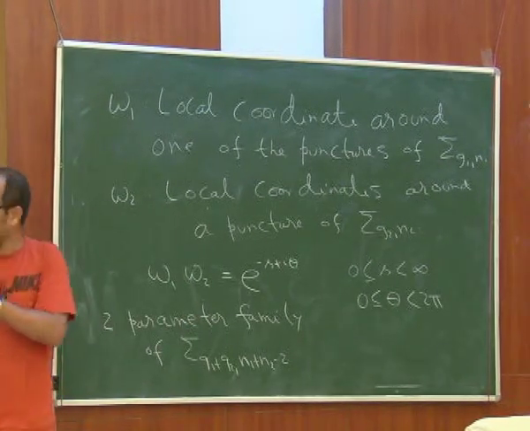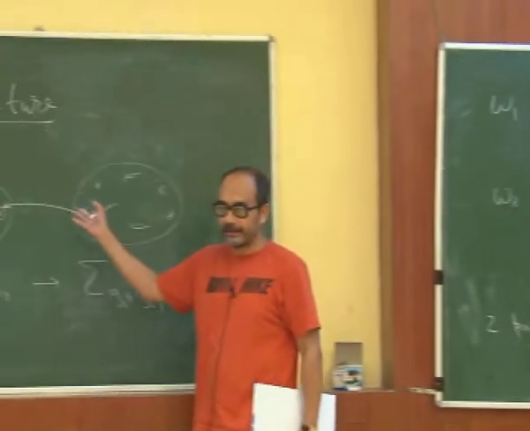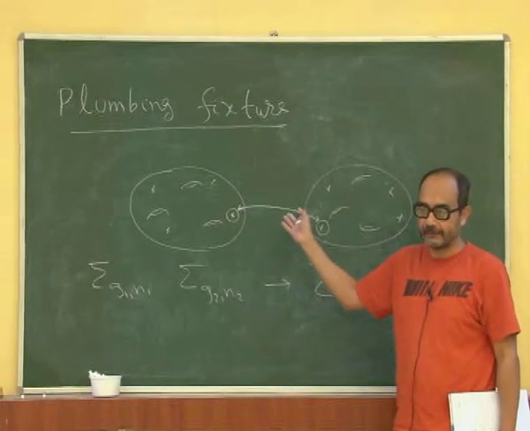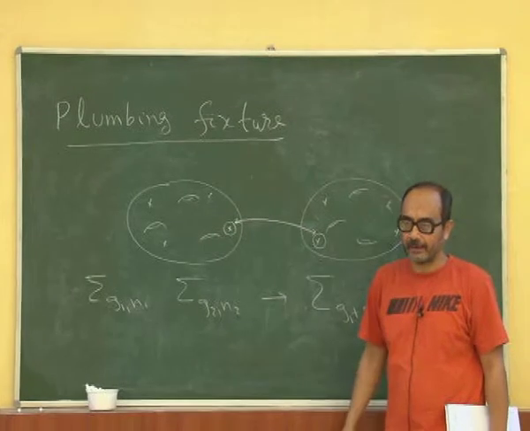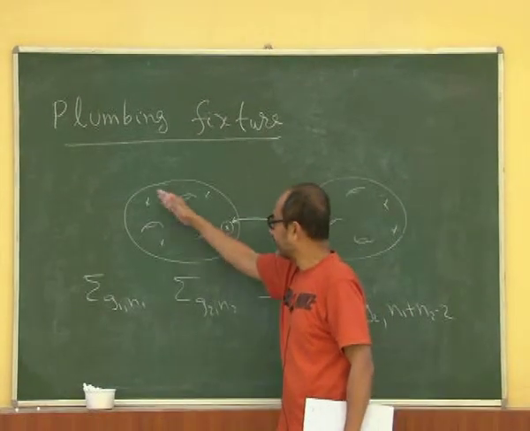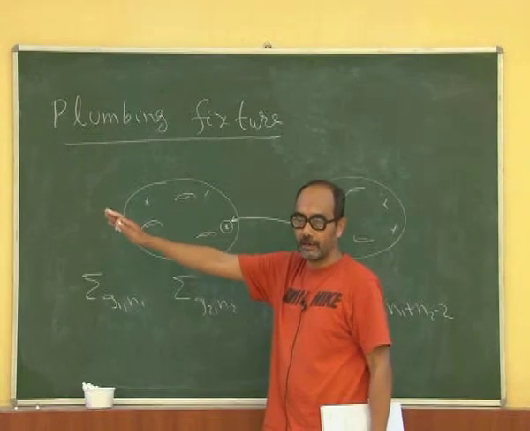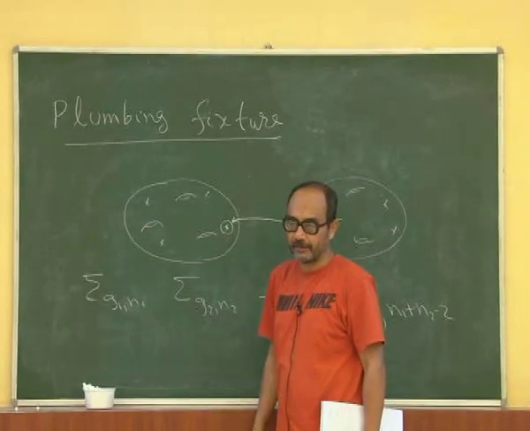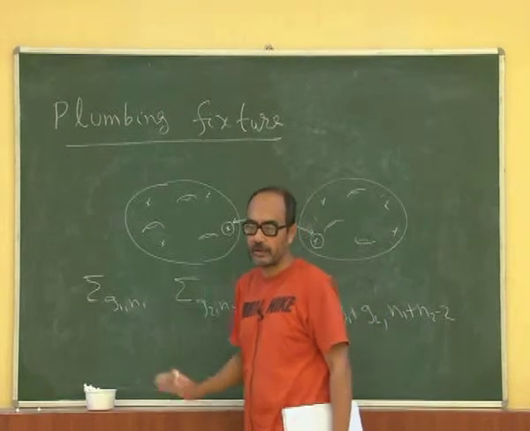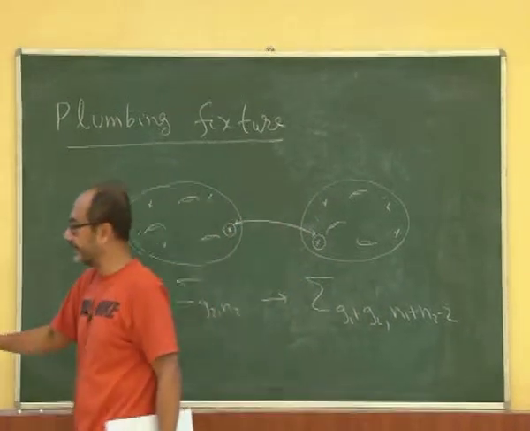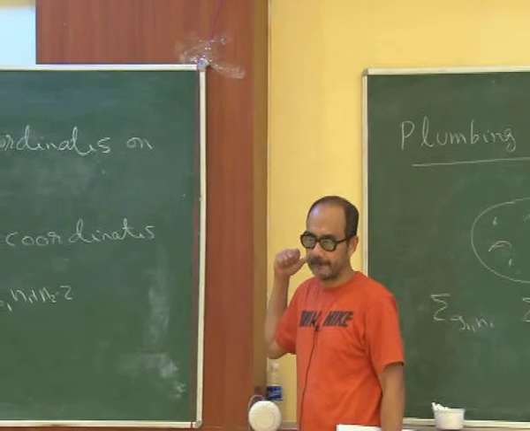But after you have glued, those are not punctures anymore, so those are not local coordinate systems on the final Riemann surface. But these also had their associated local coordinates, and those induce some local coordinates on the final Riemann surface. The point is that those are not arbitrary; they have to be chosen precisely consistent with this plumbing fixture.